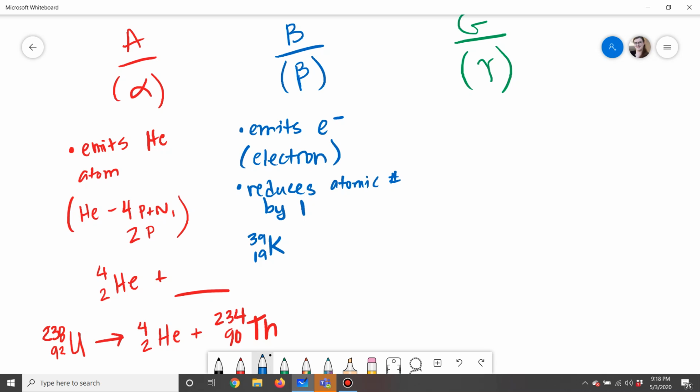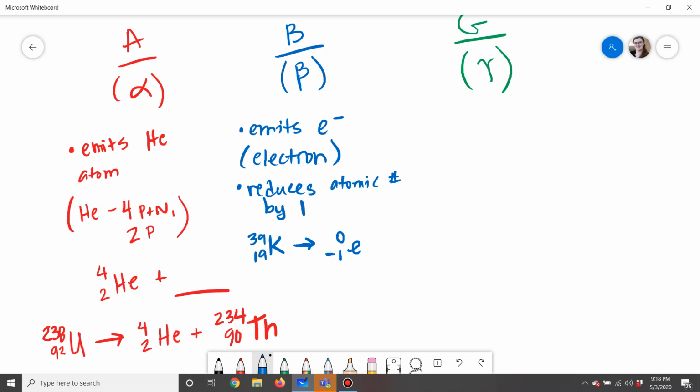And based on my knowledge of how elements work, I know that I have the same number of protons as I do electrons. So 19 is my number of electrons. If I have a beta decay situation, I'm going to have a -1 here because that represents the charge on that electron, and it does not contribute to the atomic mass, right?